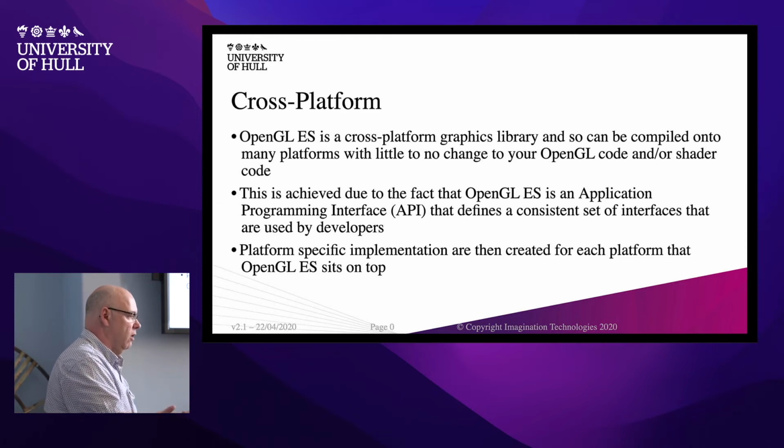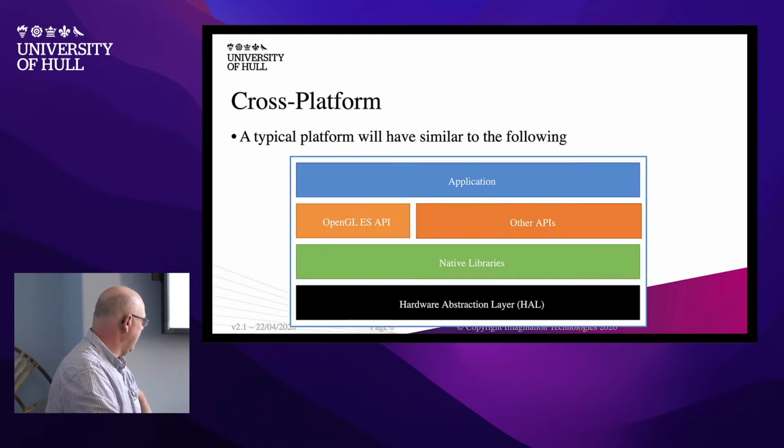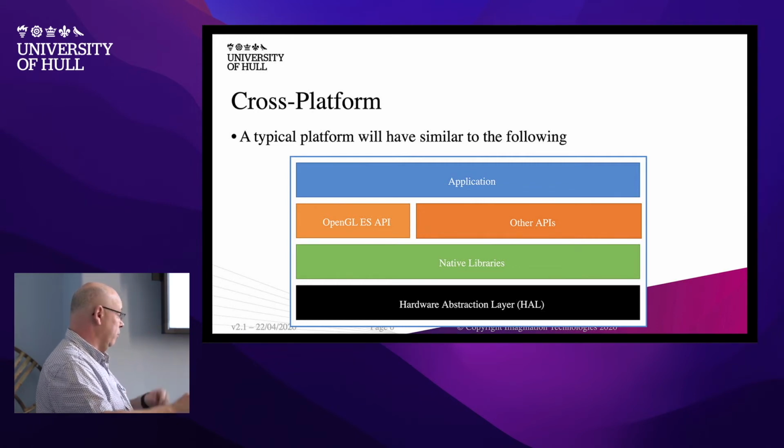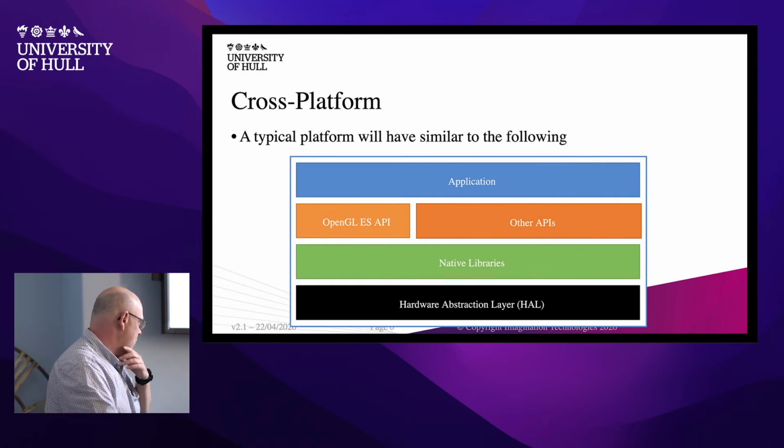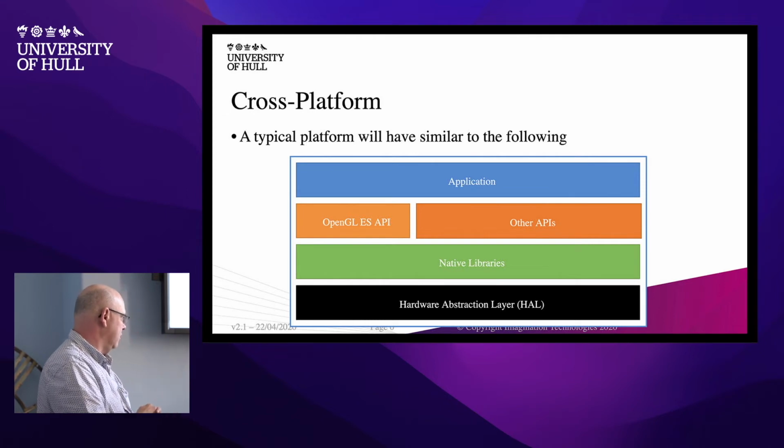So how does it work? Essentially, your application runs on top of the OpenGL ES API and any other APIs that you're using. Underneath that, there will be native libraries for each of the APIs running underneath, as well as some hardware abstraction layer.